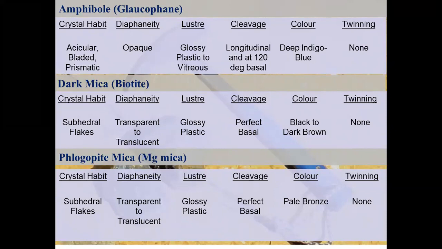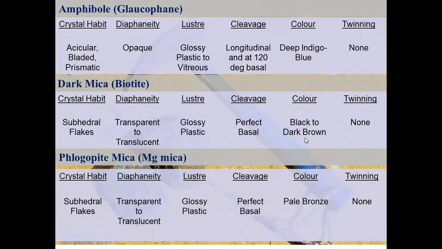Then we moved on to some of the other dark minerals that were relatively common, and the dark mica, which is generally called biotite, but remember biotite is a particular chemical composition, and you don't necessarily know the composition when you're looking at something in hand specimen. But biotite, as the name implies, is dark mica, black to dark brown.